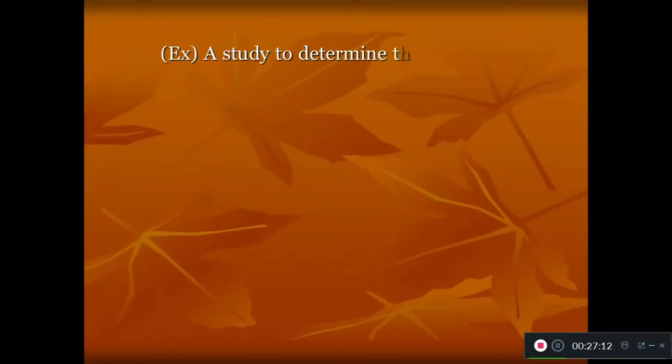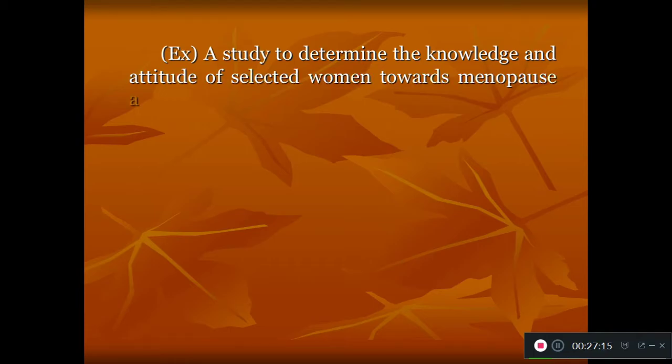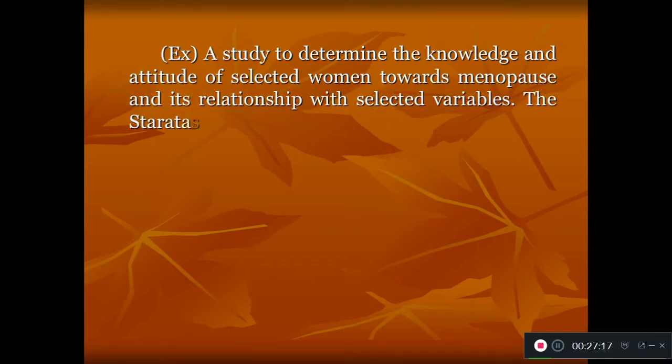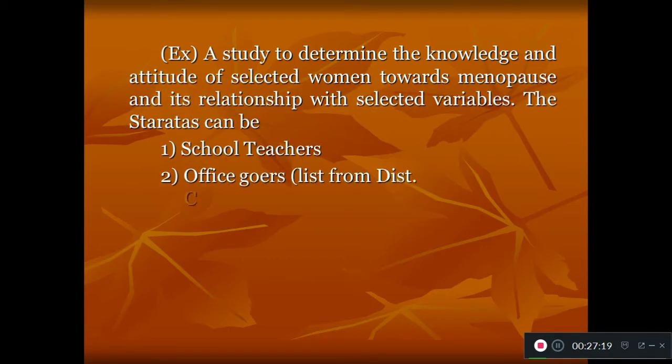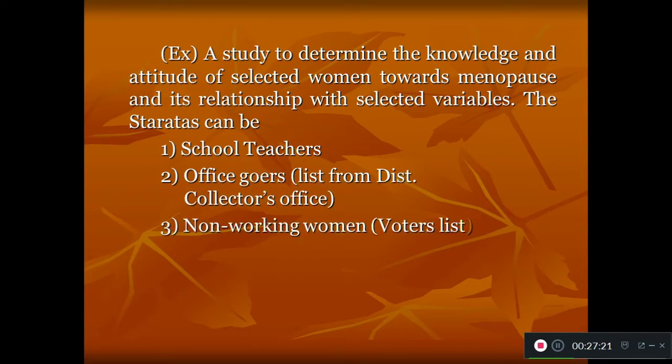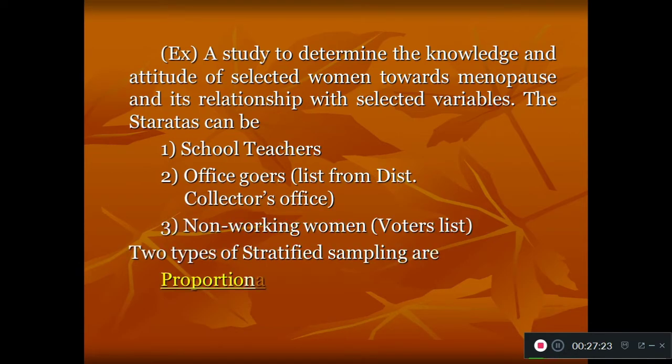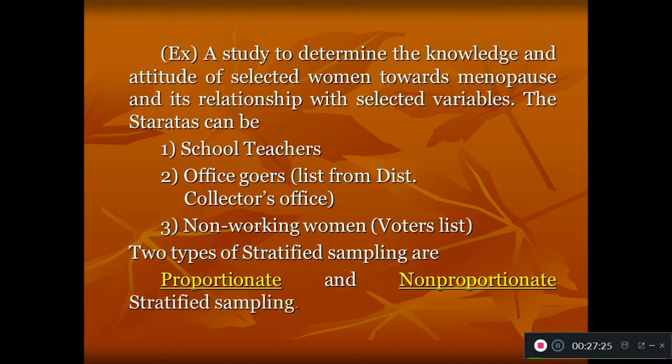The next one is, so this is the best example, a study to determine the knowledge and attitude of selected women towards menopause and its relationship with selected variables. The strata can be divided into the women. So the women are divided into different strata like working women, those women going for office work, those women who go to school as school teachers, and non-working women.